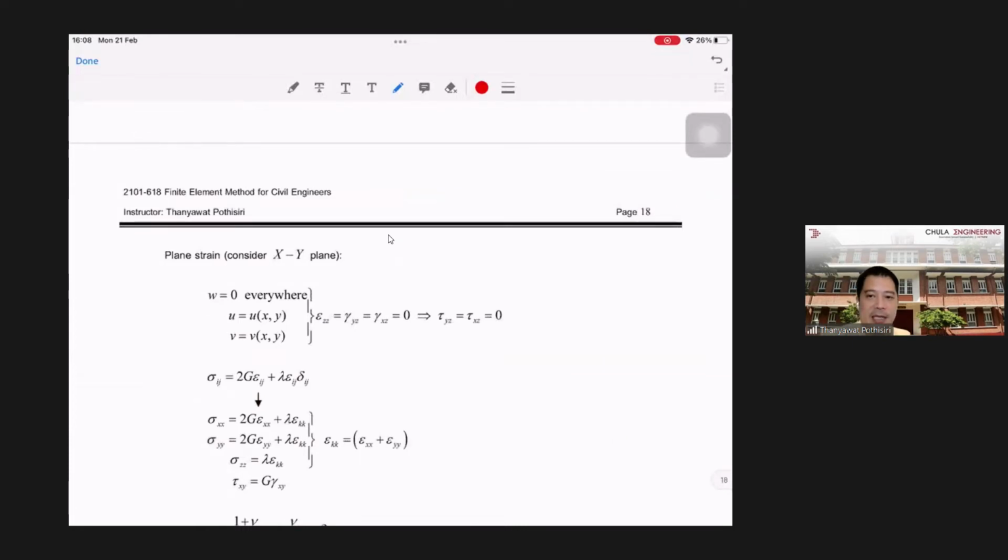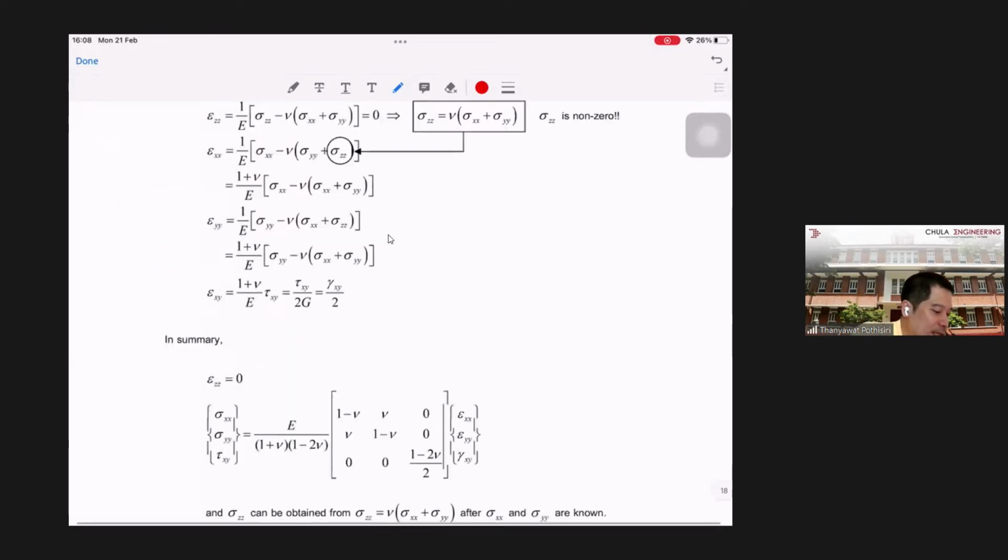For example, you can say an XY plane. If you take a look only at the XY plane, the relationship would come down to two different forms. The first one is called plane strain, and the other one is called plane stress.